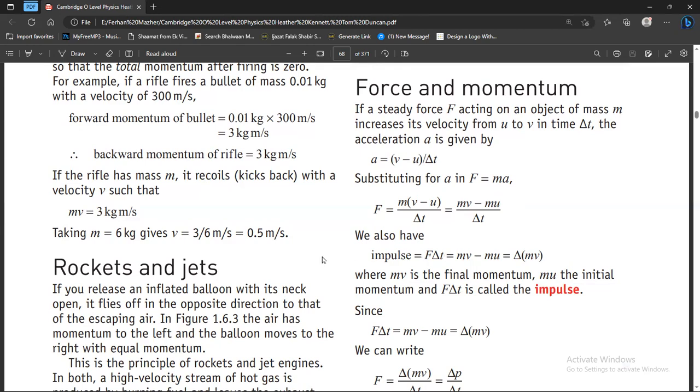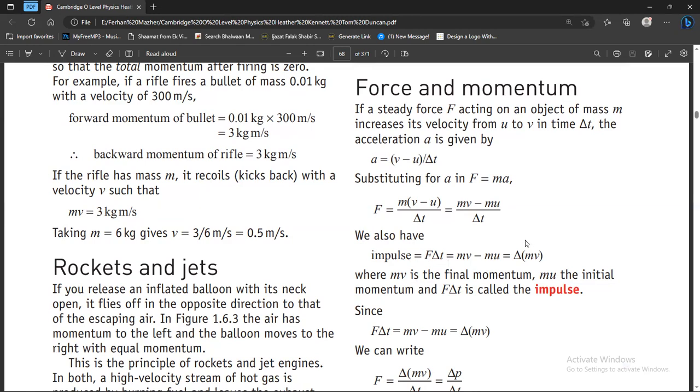We also have impulse. Impulse is equal to the force multiplied by the time for which the force acts on the body. So the impulse will be equal to force multiplied by change in time, and that will be equal to the change in the momentum.